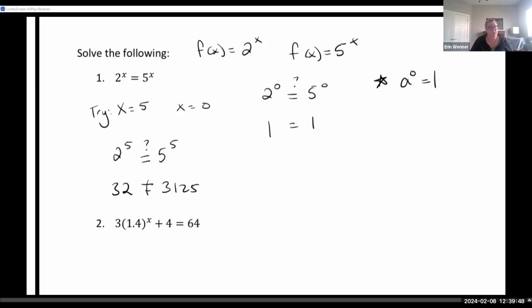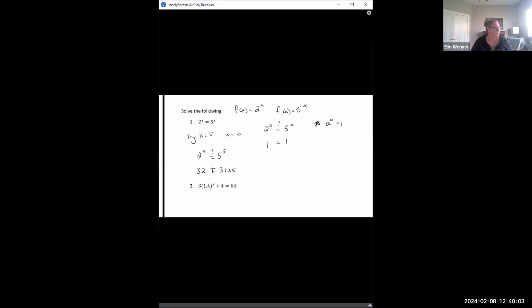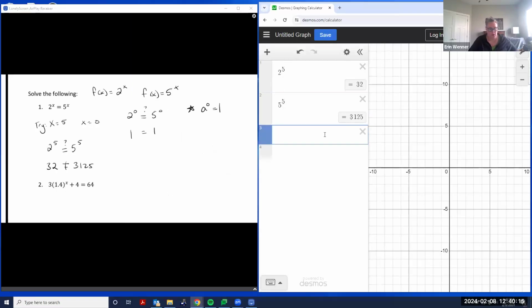So if we adjust our screen so we can see everything, hold on one second, let me bring over my Desmos screen. Okay, so now I go here and we're going to do f of x equals 2 to the x, okay?